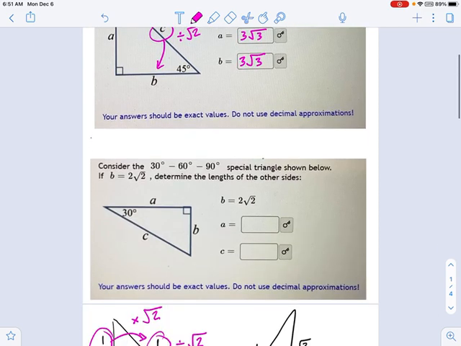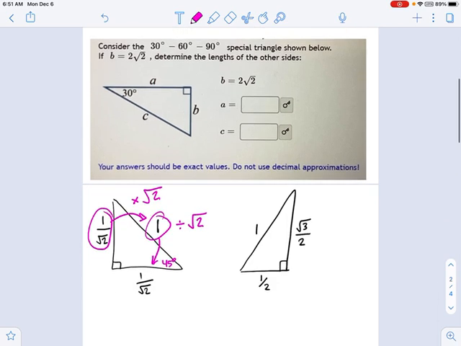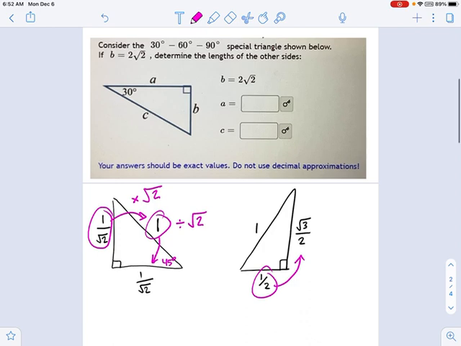Okay? The next example is 30, 60, 90. And I just want to use this diagram to remind you how to go between the sides and the hypotenuse very easily. When you go from the short side to the medium side, or the short leg to the long leg, what you're doing is multiplying by the square root of 3. And when you're going from the short leg to the hypotenuse, you're just multiplying by a factor of 2, just a nice whole number 2.